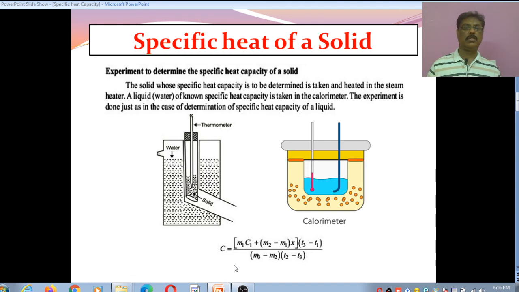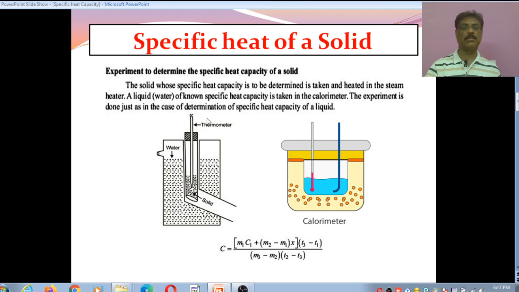Next, how to find out the specific heat of a solid. The same method; the only difference is the formula. We use the same heater and the same calorimeter.